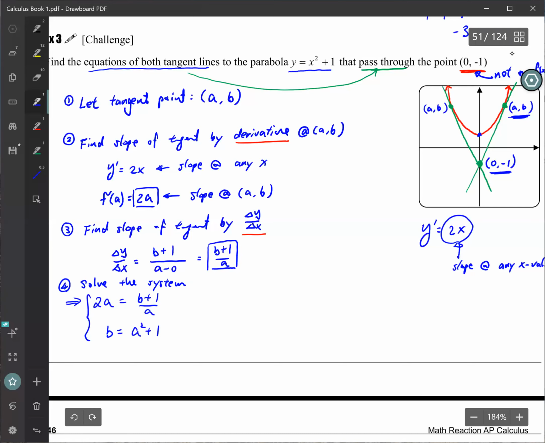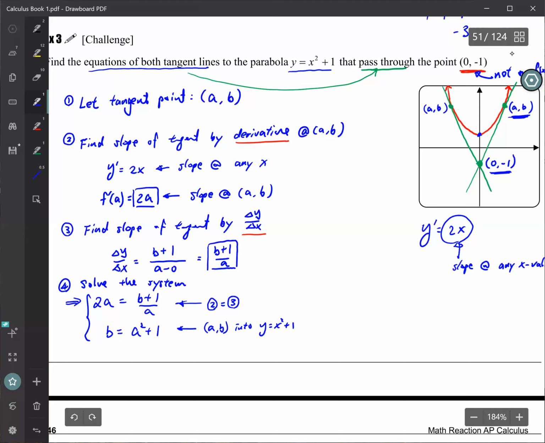Okay, but you can make a note. This one comes from slopes. Okay, how about we write it like this? The first equation comes from number 2 equal to number 3. The second equation comes from AB into y equals x squared plus 1.